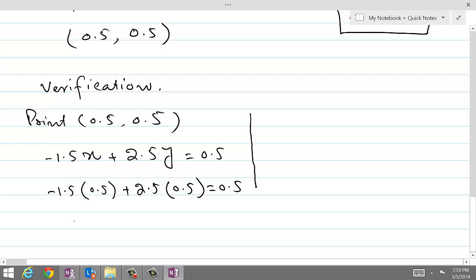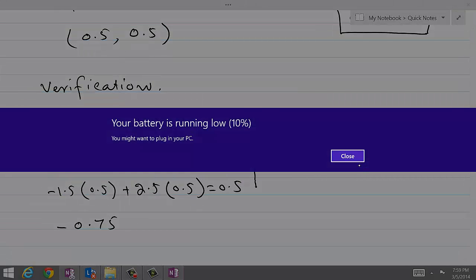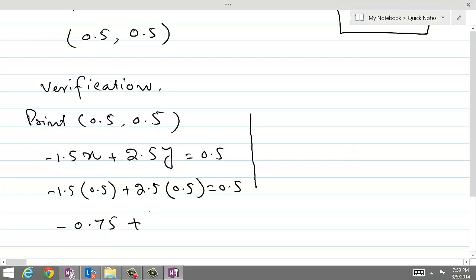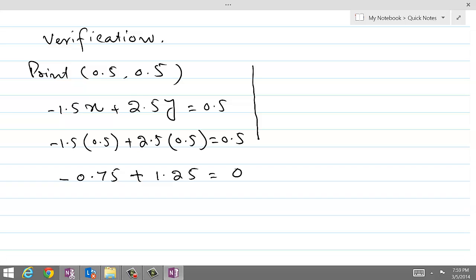So minus 1.5 times 0.5 is equal to minus 0.75, and 2.5 times 0.5 is plus 1.25. Minus 0.75 plus 1.25 should give us 0.5, which is equal to 0.5.